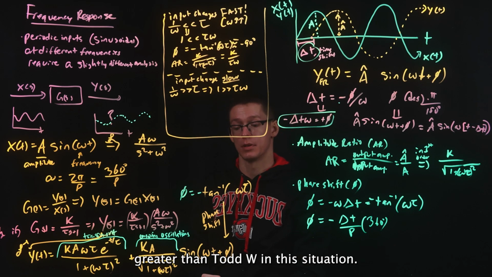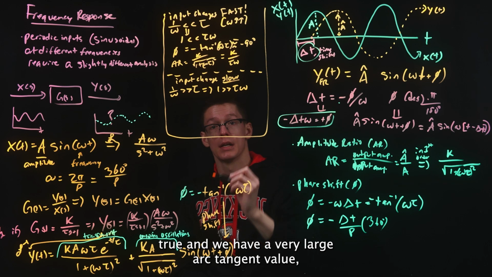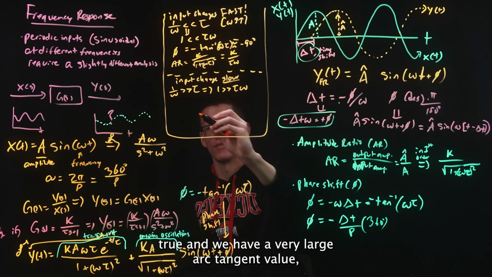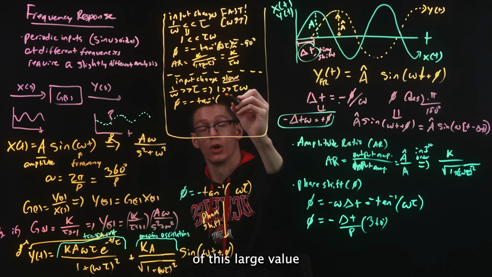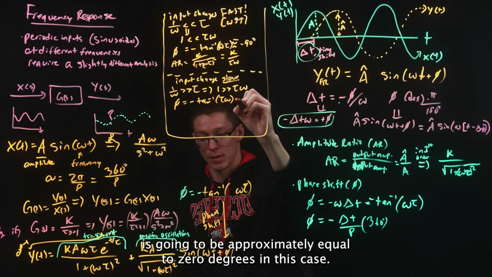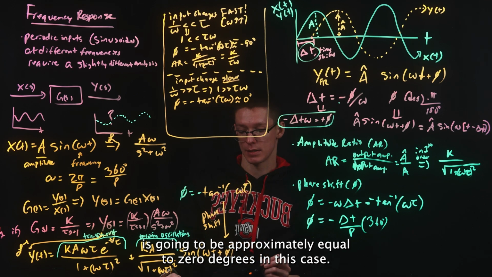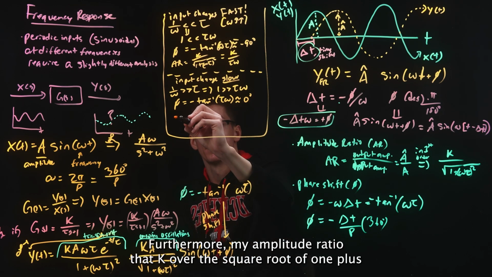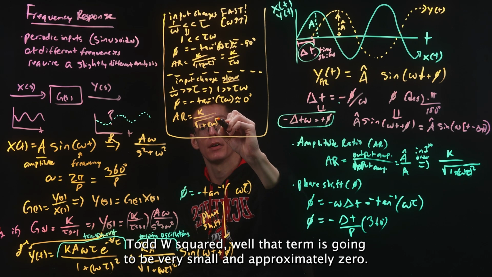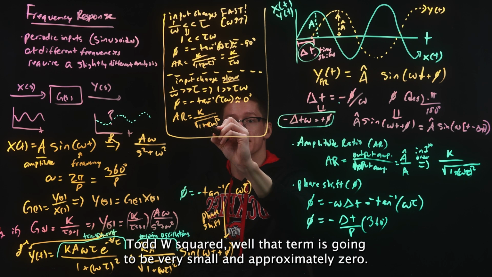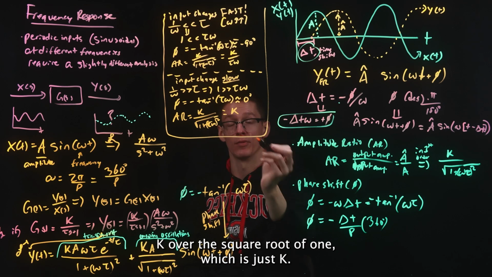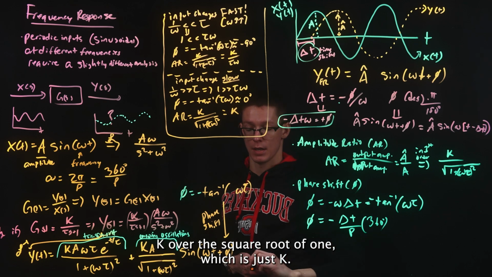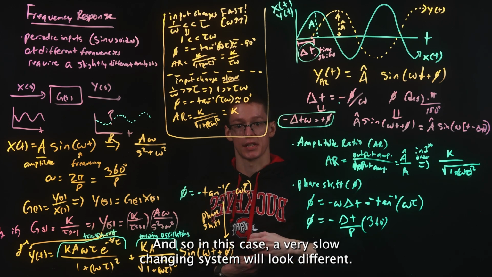If that's true, and we have a very large arctangent value, then my phi, the negative arctangent of this large value, is going to be approximately equal to 0 degrees. Furthermore, my amplitude ratio, k over the square root of 1 plus tau w squared, well, that tau w term is going to be very small and approximately 0. So it's really just going to end up becoming k over the square root of 1, which is just k. And so in this case, a very slow changing system will look different.